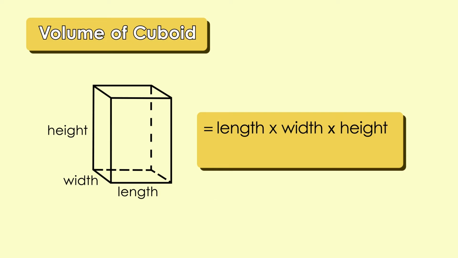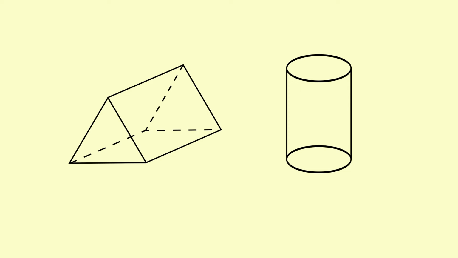Note that length times width is actually the area of the base. In simple terms, the volume of a cuboid is the base area multiplied by the height. The same concept applies to two other 3D shapes, namely, prism and cylinder.